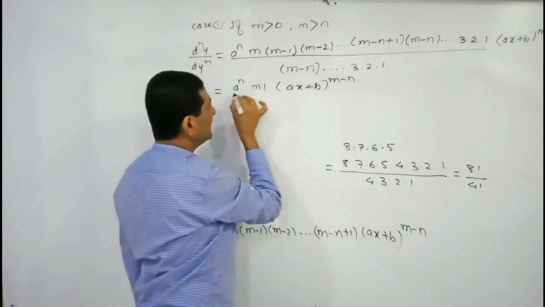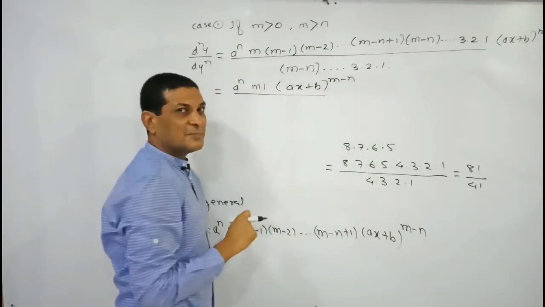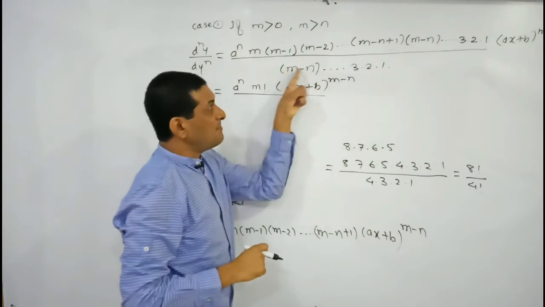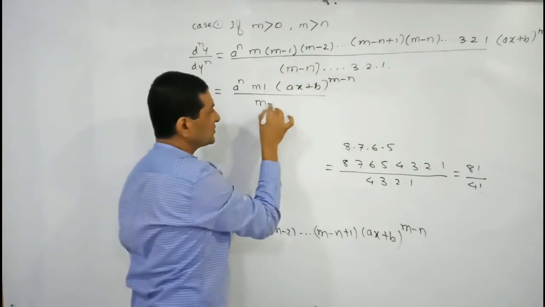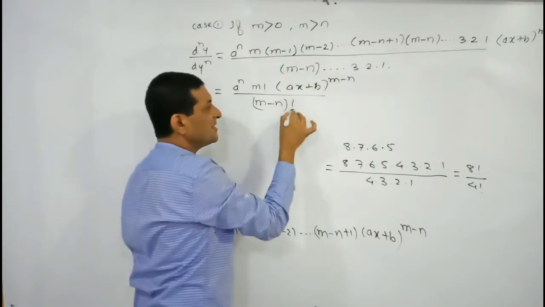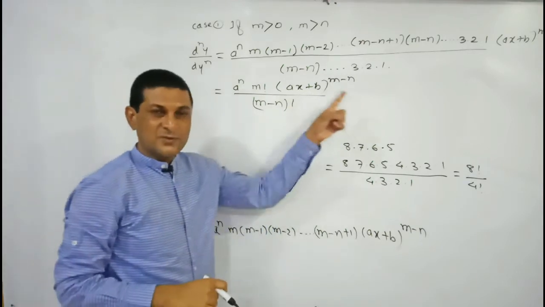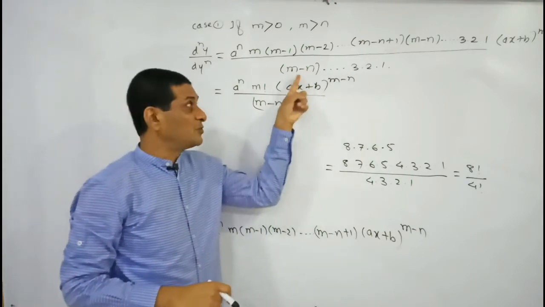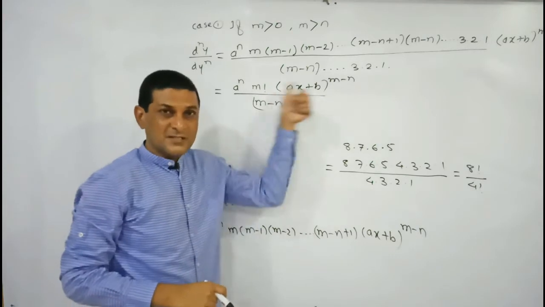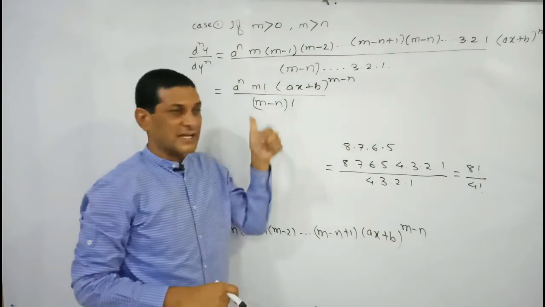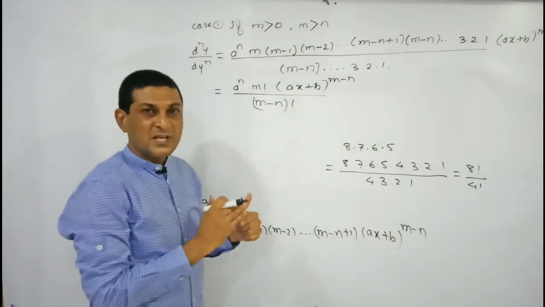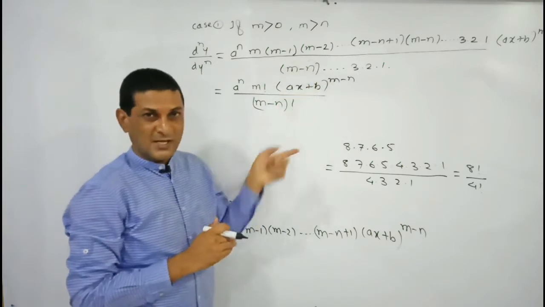In the denominator, is it the product of first m minus n natural numbers? So yes, it will be the value of m minus n factorial. 1 into 2 into 3 continuing this way up to what? M minus n. Means this is the value of m minus n factorial, the product of first m minus n natural numbers.